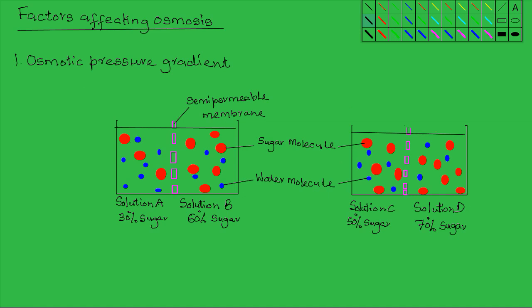Now take for instance these two solutions here. We have solution A and solution B. Solution A is 30% sugar, while B is 60% sugar.